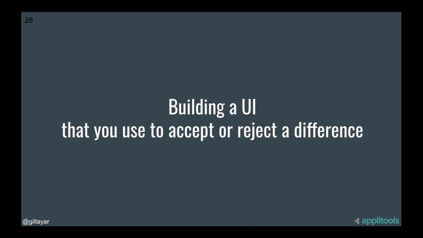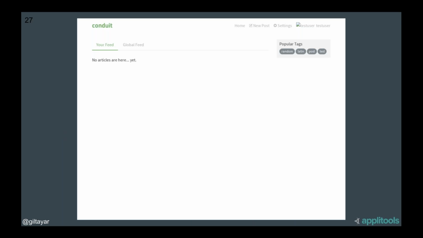Because building a UI that you use to accept or reject a difference is actually frighteningly complex. So if we look at an example here, I'm switching between two, a baseline and the checkpoint image, the current image, and you can barely see the difference.